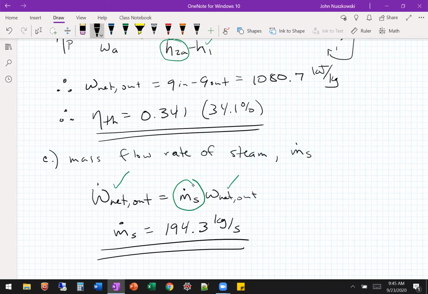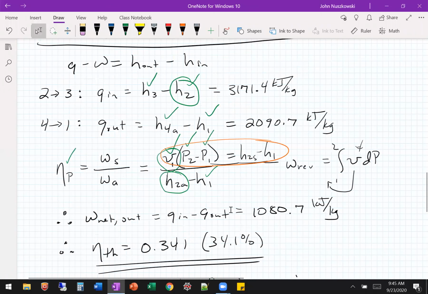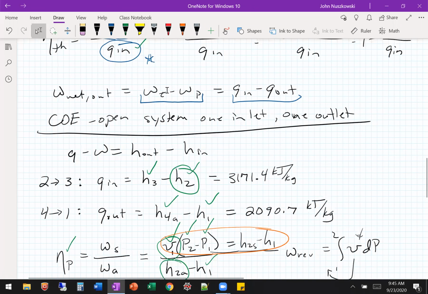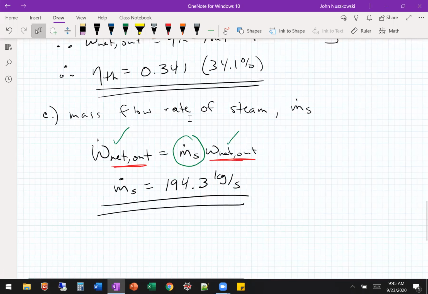The other common mistake I see with this is it's the net, right? So you couldn't just grab the turbine's values and utilize it, because the work net out is the work of the turbine minus the work of the pump, okay? Any questions?